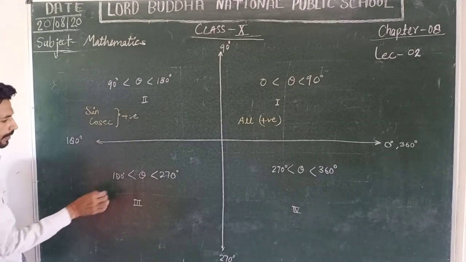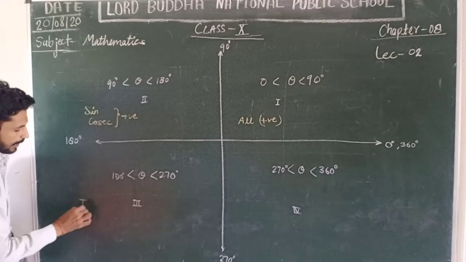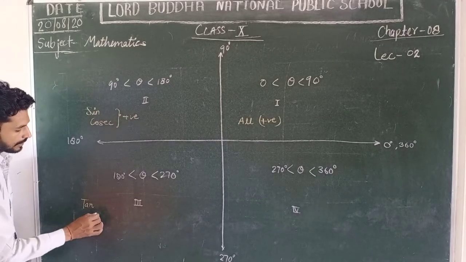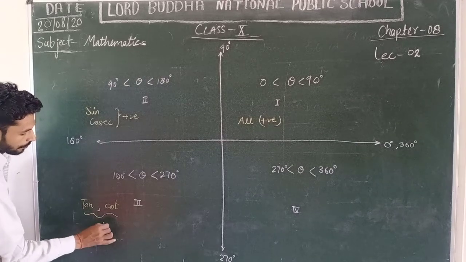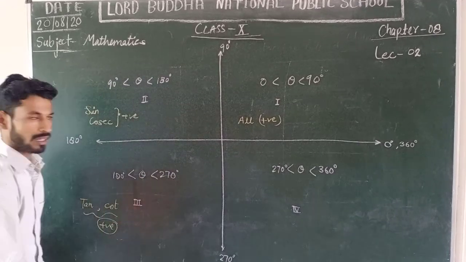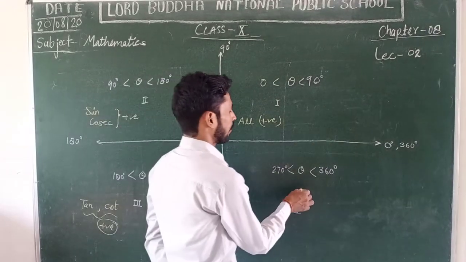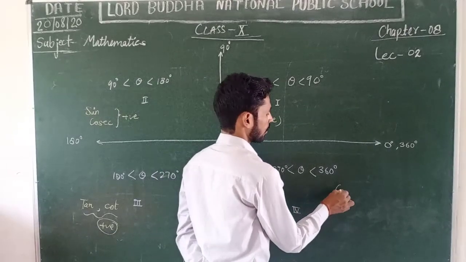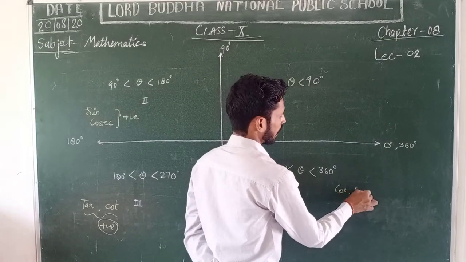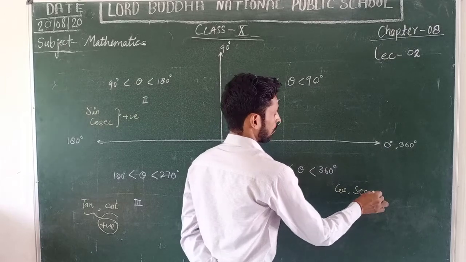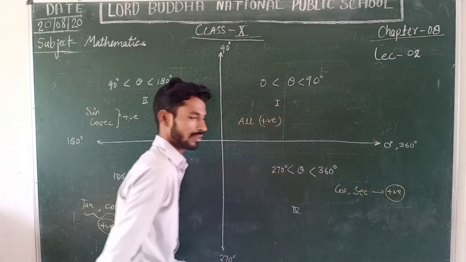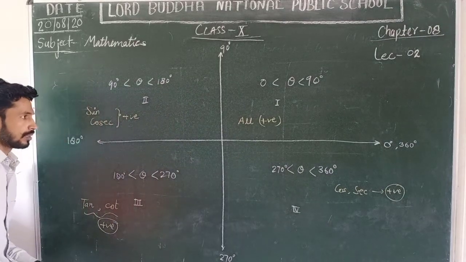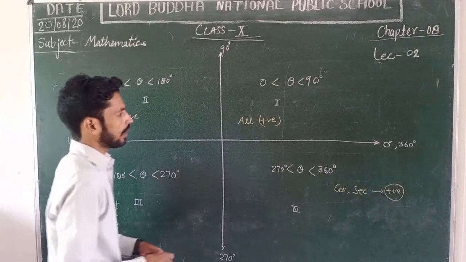In the third quadrant tan and its reciprocal cot are positive, others negative. But in the fourth quadrant cos and sec are positive and others negative.